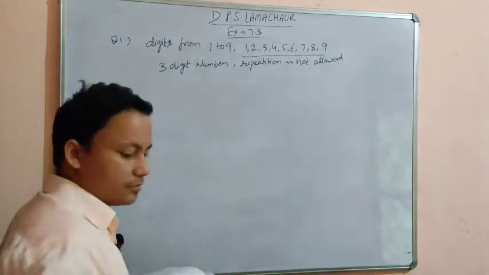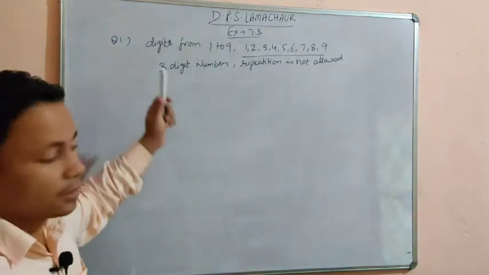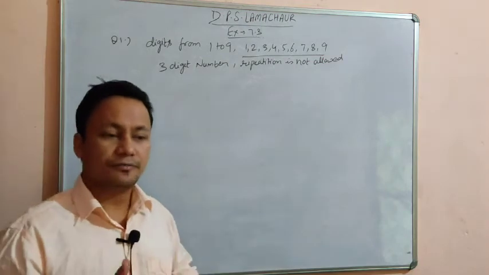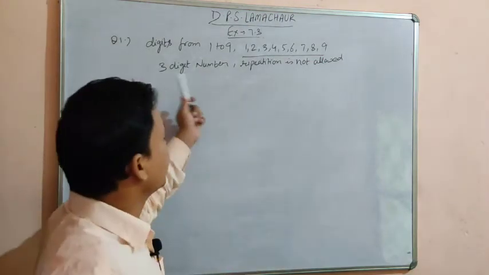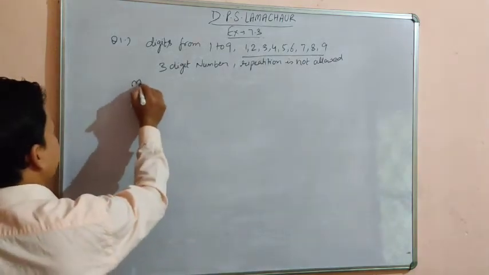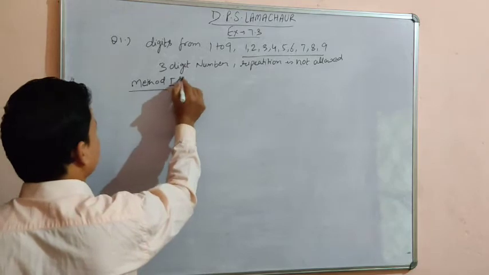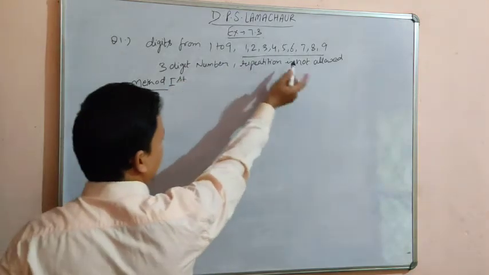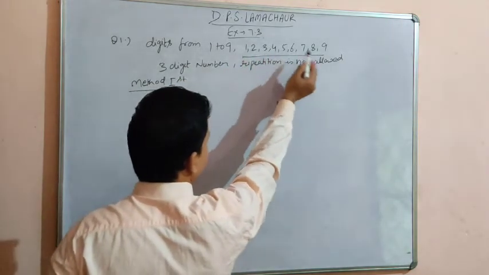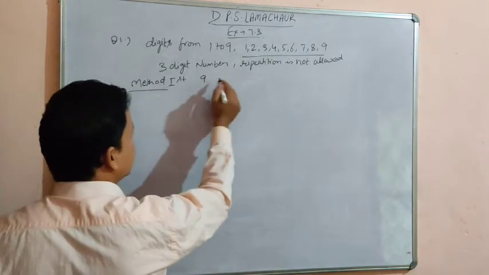So you can solve this question by two methods. First, using the formula of permutation, and the second, filling the box method. I am going to tell you both the methods. Method first, we have how many options? 1 2 3 4 5 6 7 8 9. 9 digits you have, and you have to make a 3-digit number.